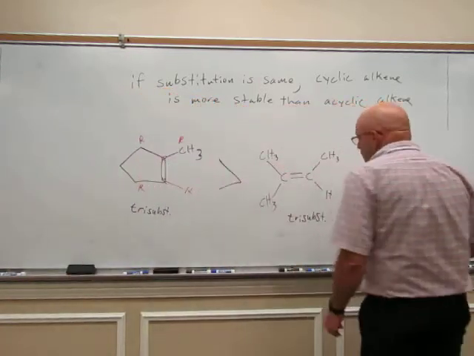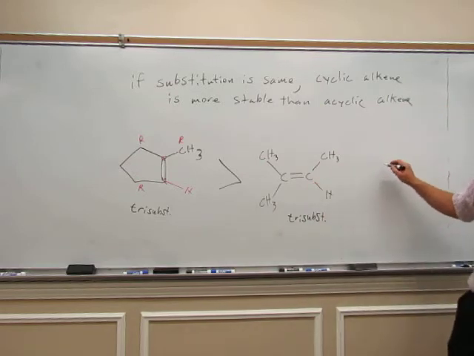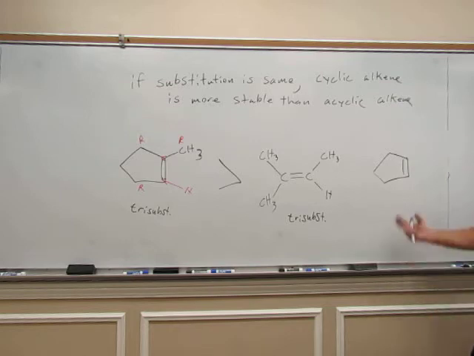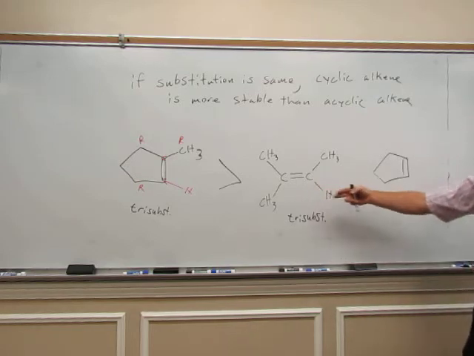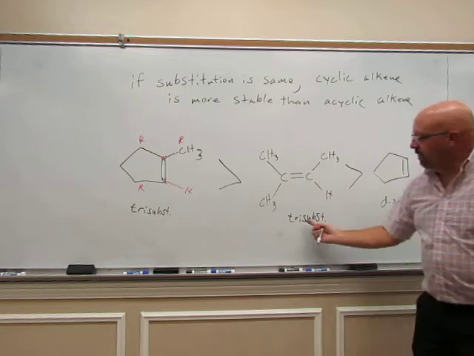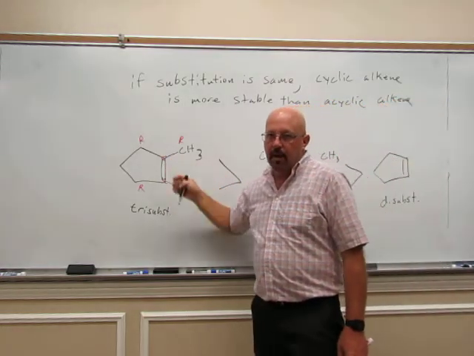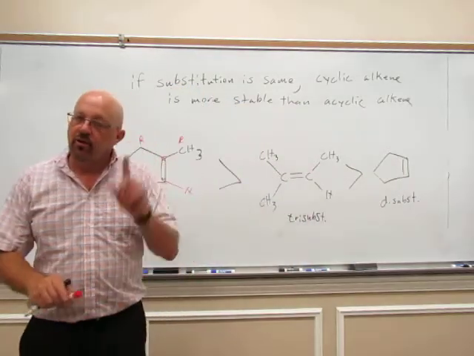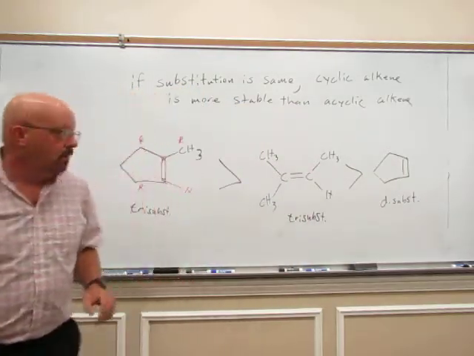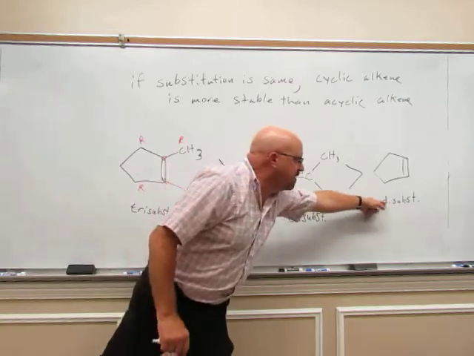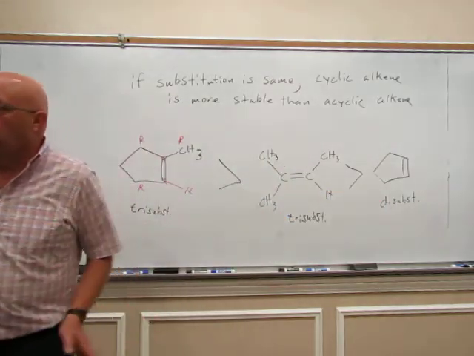If I were to compare this one with this molecule, see, this alkene is only di-substituted. Tri-substituted always beats the di-substituted. But if our substitution is the same, then you're more stable to have the double bond in the ring. Substitution is the most important. Tri-substituted always beats a di-substituted. Doesn't matter whether it's in a ring or not.